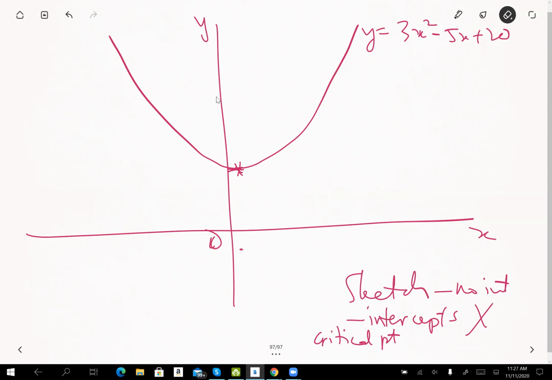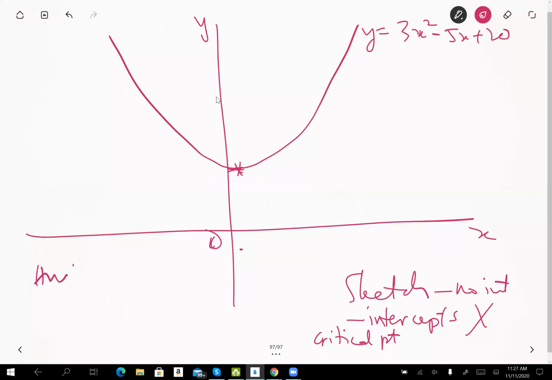So what we do here is section 10.1. I would like you to do some questions for practice before we leave. Go to 10.1, where you will find the critical point and then sketch the graph.